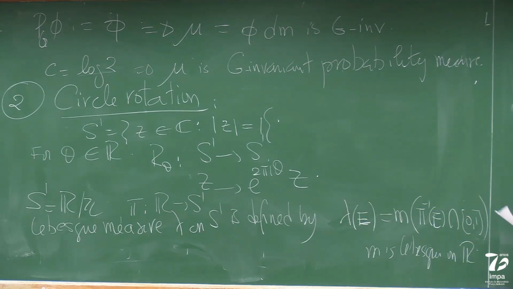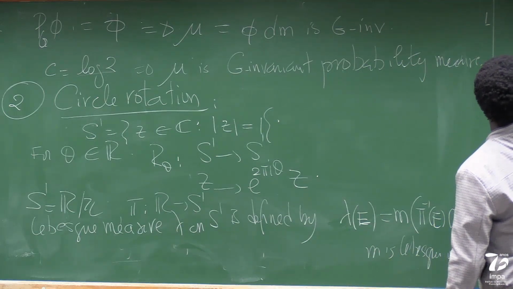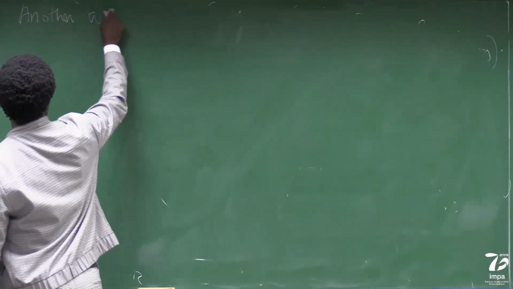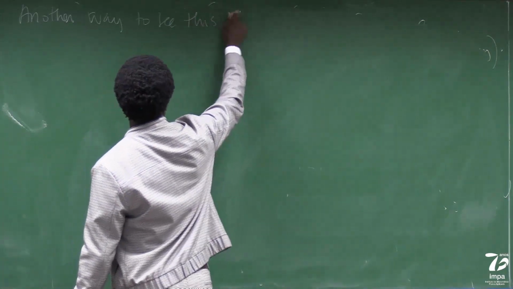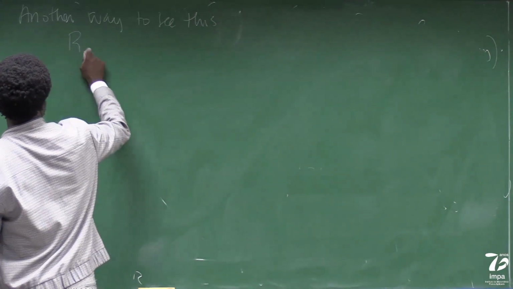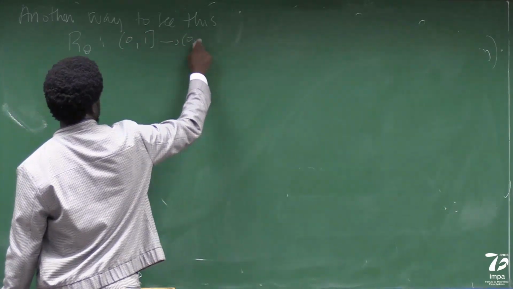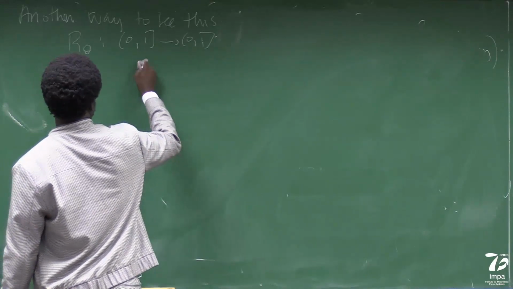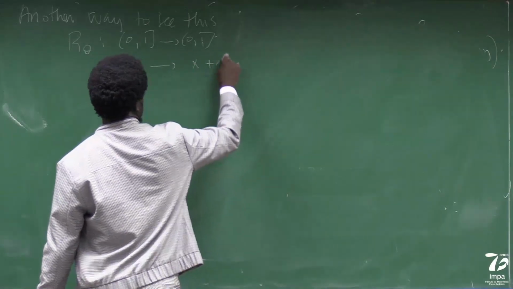If you want, you could also see R theta another way: you define R theta from 0, 1 to 0, 1, which takes x to x plus theta mod 1.